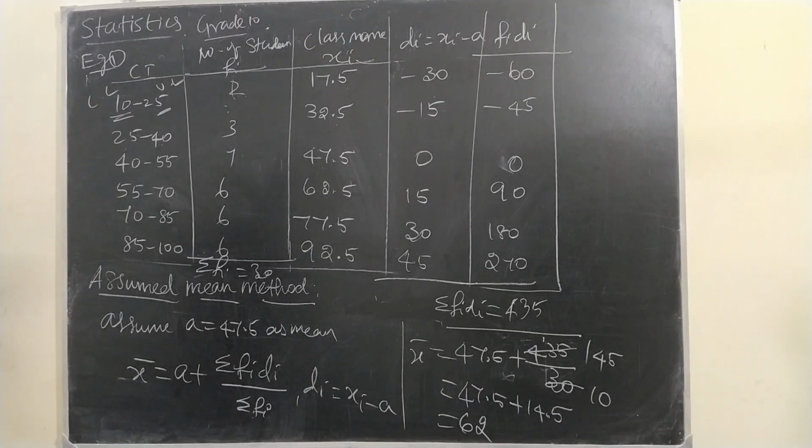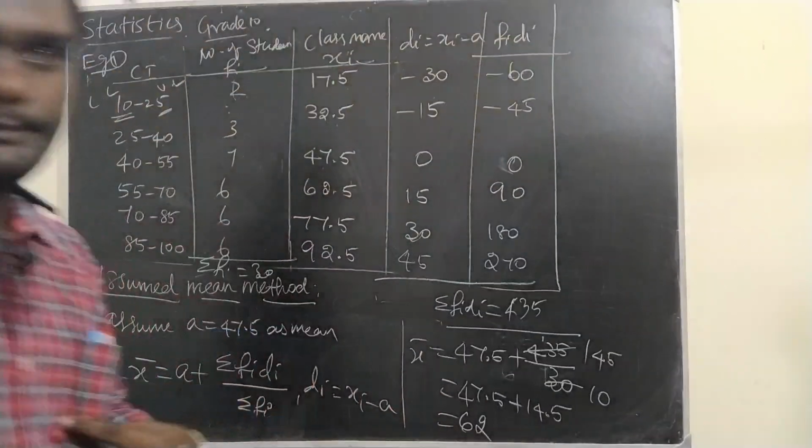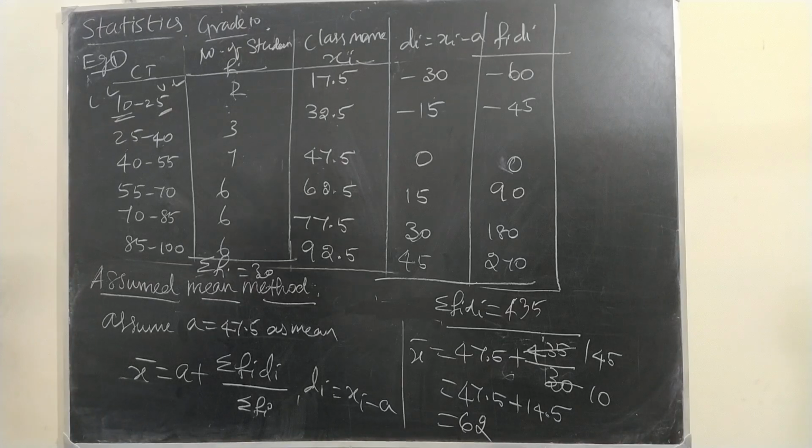The tabular column I am not going to erase, because that is what the next method, called the step deviation method, uses.